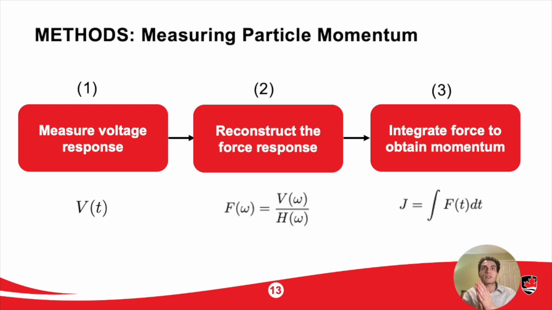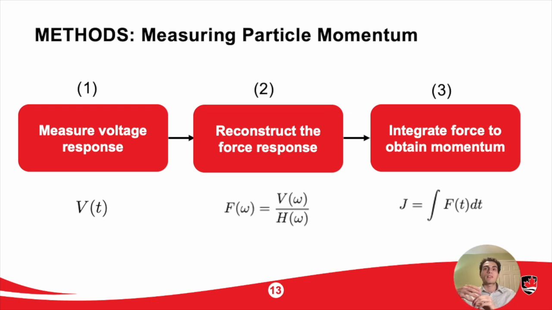Another thing I measured was particle momentum. The way I did this was by first obtaining that voltage signal from the piezoelectric sensor upon impact. I then reconstructed the force response that the particle imparted onto the piezo sensor. I did this in the frequency domain by deconvolving the measured voltage signal with the impulse response of the piezo. I modeled the piezo as a second order damped harmonic oscillator, which meant I needed to characterize the damping ratio and natural frequency, which is detailed in the report, but I was able to do that empirically.